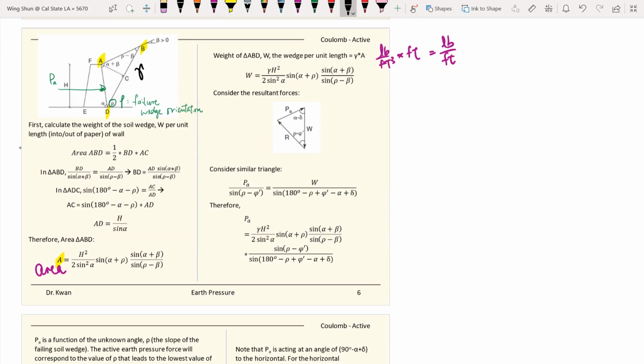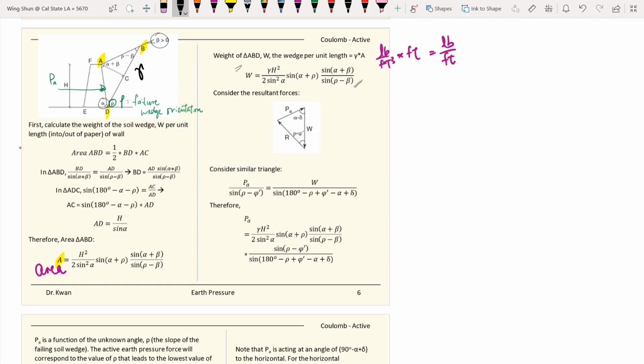This is the expression of the weight of the failure wedge in terms of the other known parameters like the unit weight, the height of the wall, and some angles. Alpha means the slope angle of your retaining wall, and beta is the slope angle of your backfill.